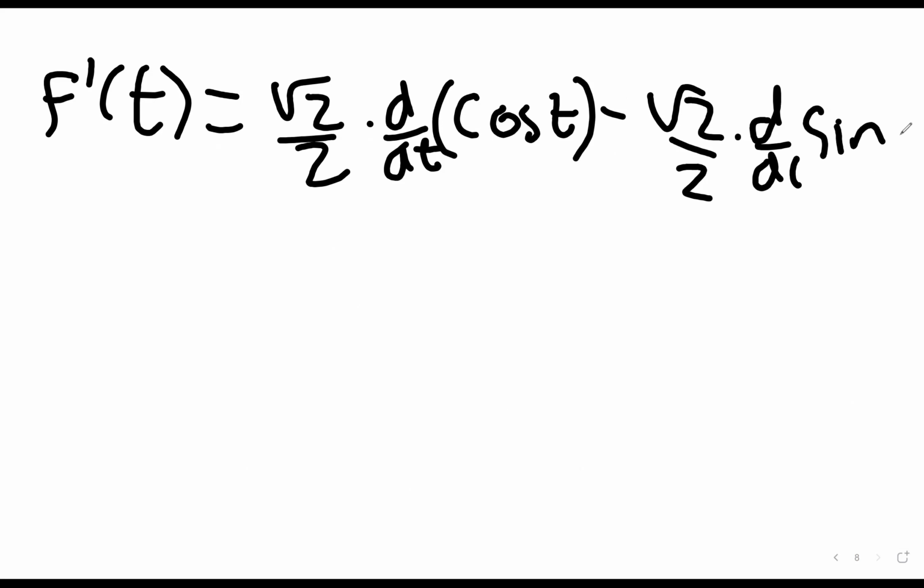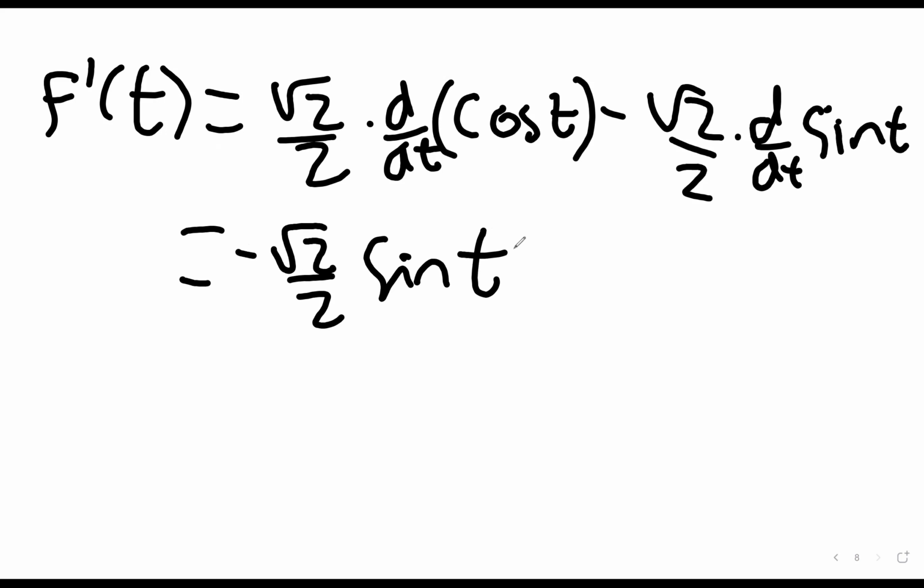Recall that the derivative of the cosine function is minus sine. So I have minus square root of 2 over 2 sine of t. And here I have minus square root of 2 over 2, and the derivative of the sine function is cosine.